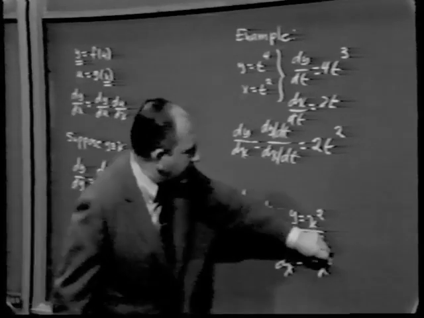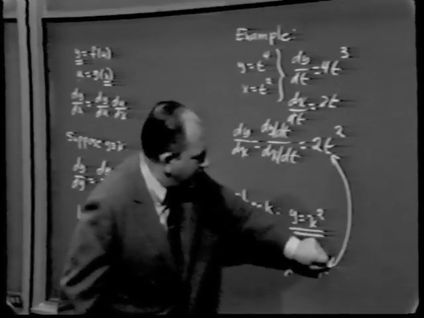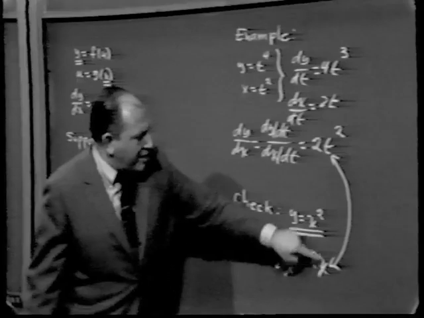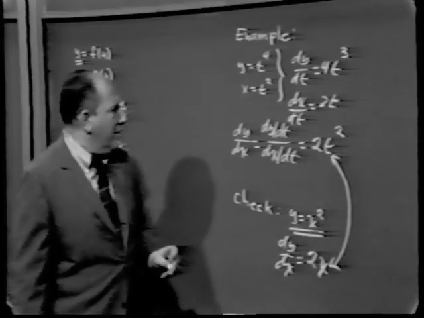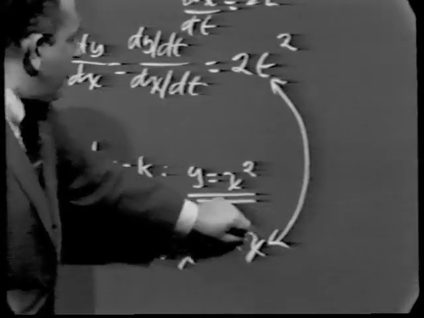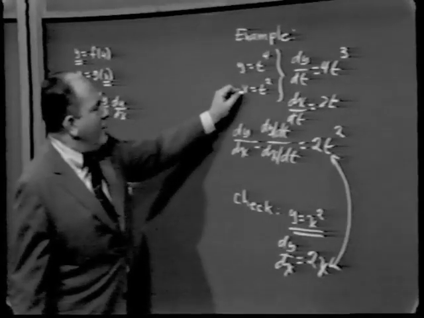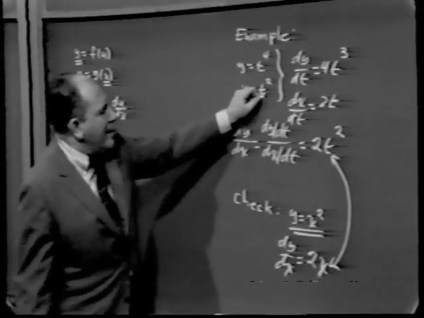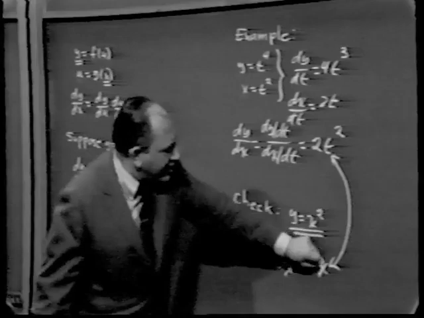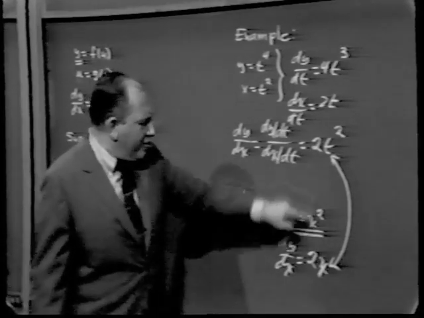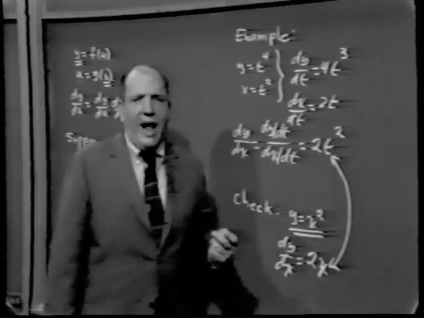By the way, when we try to compare these two answers, they look different, but that's because they're expressed in terms of different variables. If we return to our original equations and we see that x is equal to t squared, x is a synonym for t squared, this is the check that we have received the right answer.